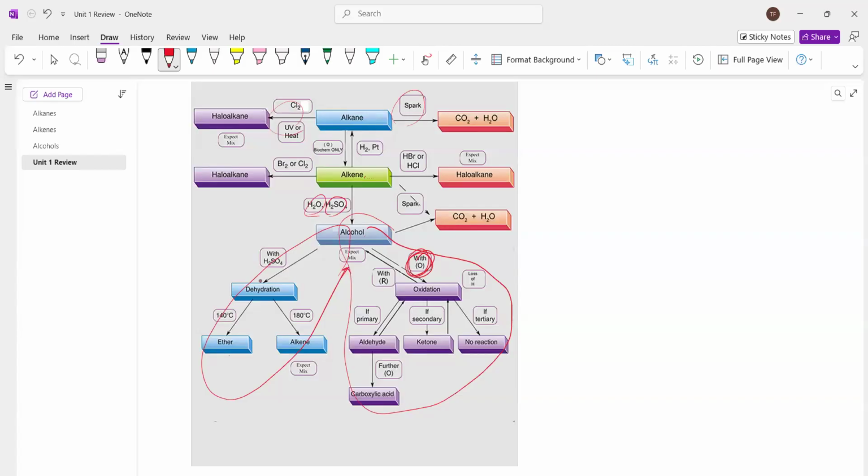Okay, so for example, if we have to supply heat, like this one up here going from an alkane to a haloalkane, we have to supply energy along with the halogen. That means the alkane is more stable than the chlorinated alkane.